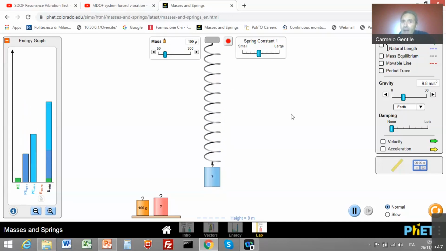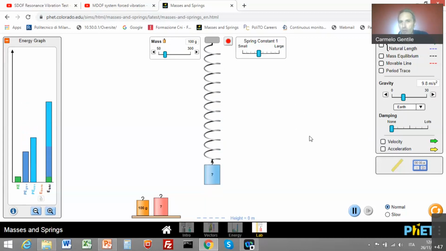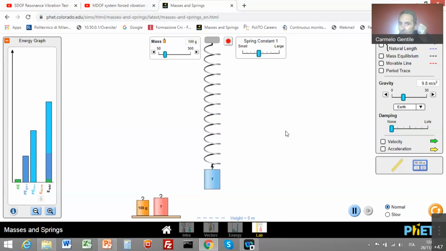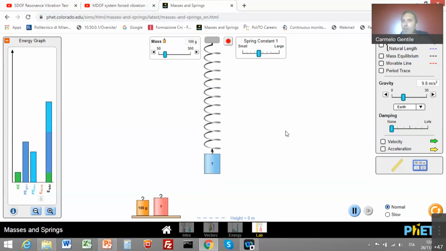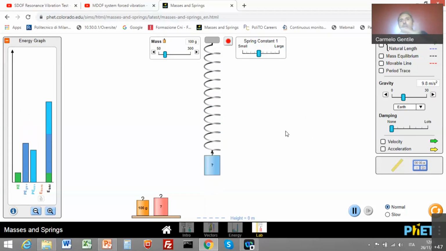Of course, now we are dealing with a system in which there is no dissipation of energy. And in fact, what we are seeing in this kind of simulation is that the sinusoidal motion of our mass happens with a certain natural frequency or fundamental period, but it continues indefinitely.